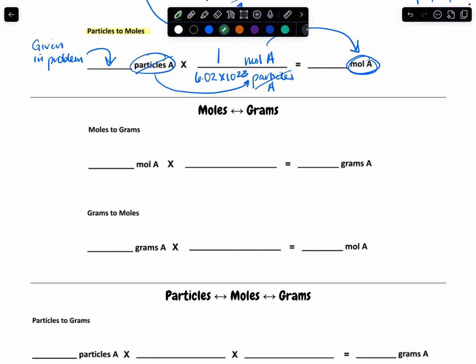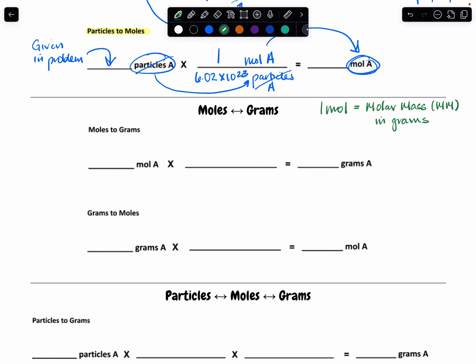All right, this time we're going to say that 1 mole of any substance is equal to that substance's molar mass, which we represent as MM, in grams. All right, so when we say grams per mole, it's grams per 1 mole. So 1 mole of any substance equals the molar mass of that substance in grams.